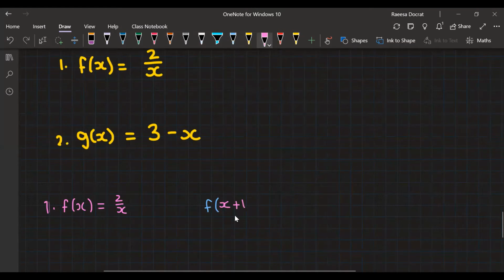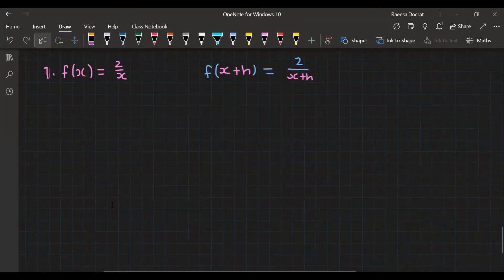To get f of x plus h, wherever we see x, we're going to replace it with x plus h. So then it will be 2 over x plus h. That is the first step, to calculate what is f of x plus h.